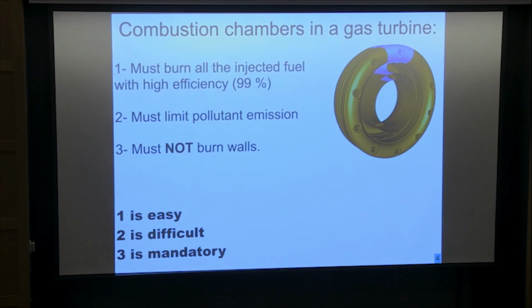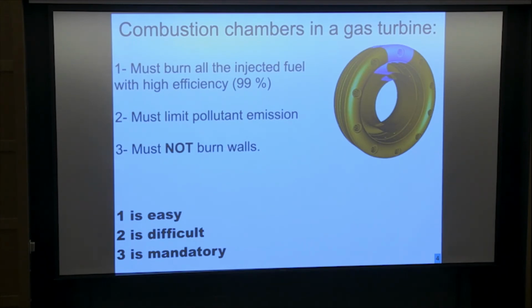Everything you inject in a good chamber burns 99% of the fuel. You cannot burn more. The only way to increase efficiency is to increase the pressure. And that's where the chamber plays a role, because if you increase the pressure, you increase the temperature, and then the walls start burning. Because, of course, not burning is the first condition in an engine.